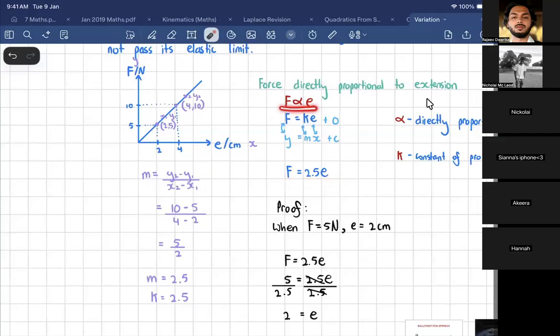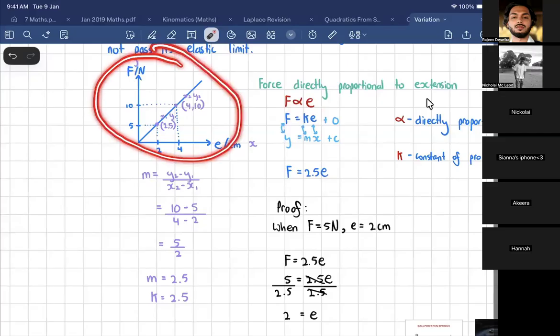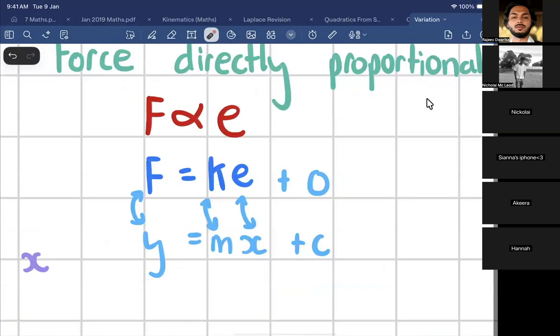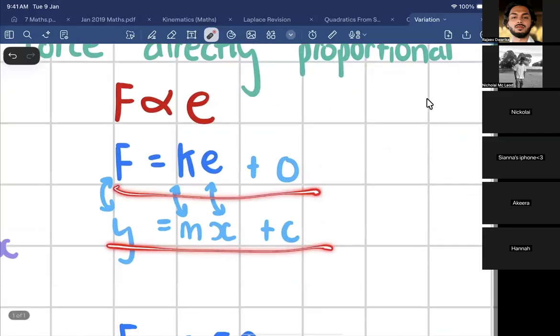So after you put down the proportional line, you need to make an equation and introduce the constant of proportionality K. The next thing you have to do, Nikolai, is actually find for K. Now, if you're given a graph of force versus extension, then to find for K, you need to find the gradient. Why? Because this is in the form of a line, y is equal to mx plus c.